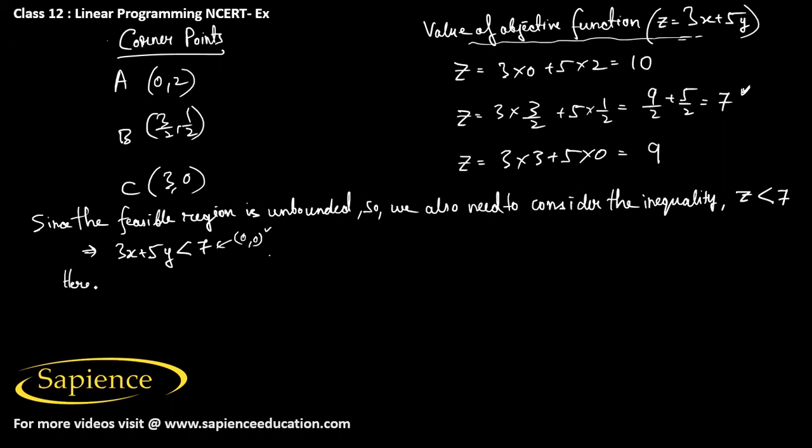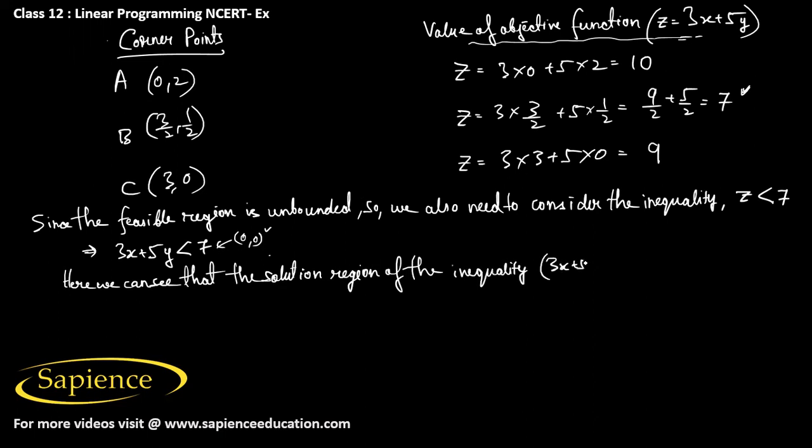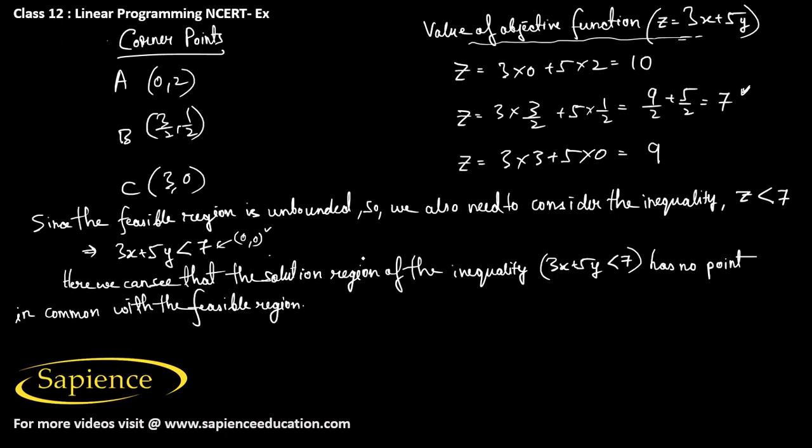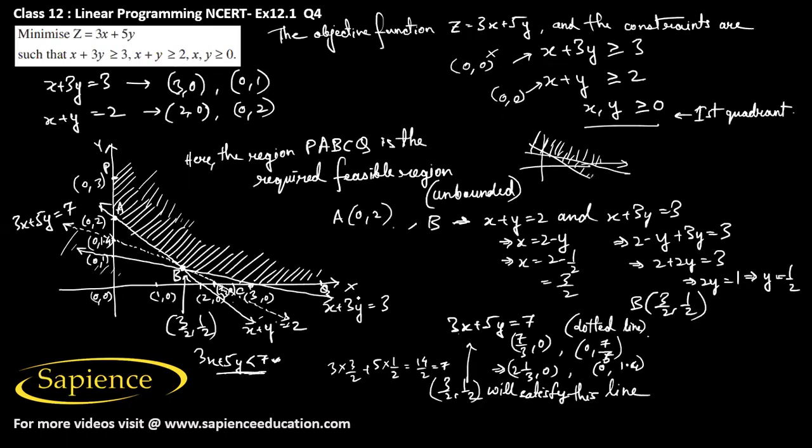So here we can see that the solution region of the inequality 3x plus 5y is less than 7 has no point in common with the feasible region.